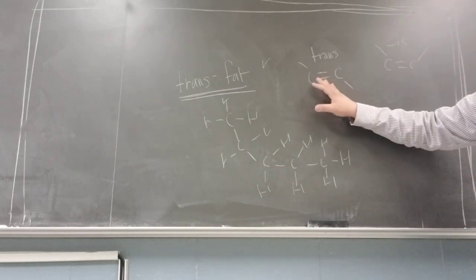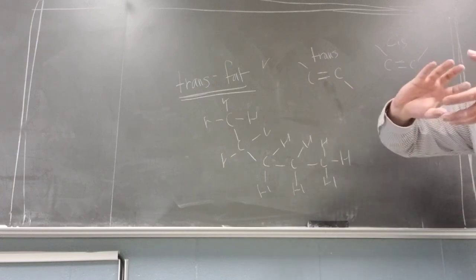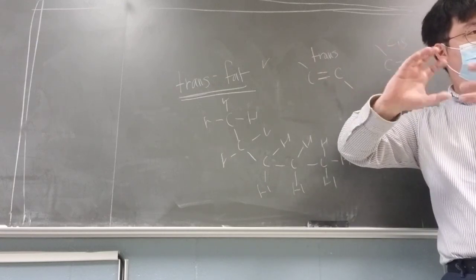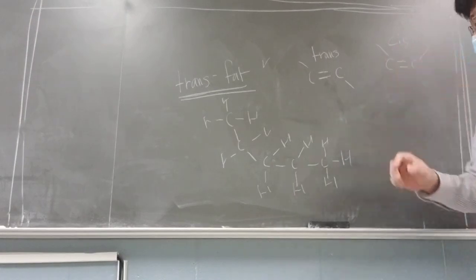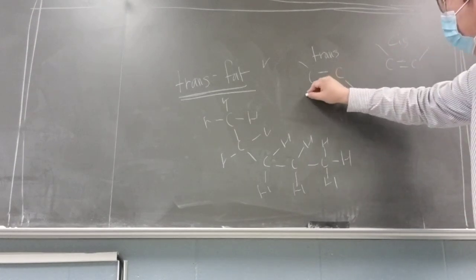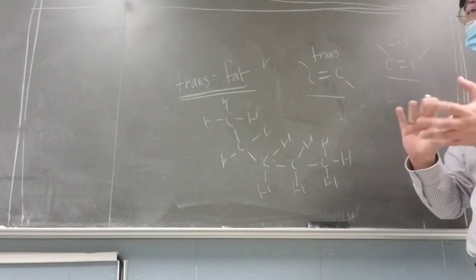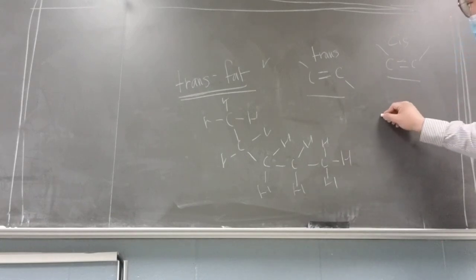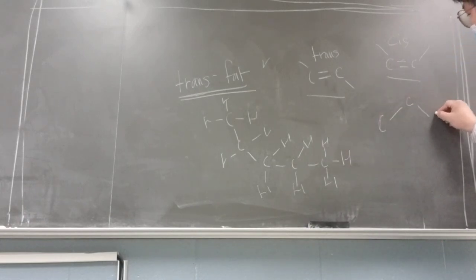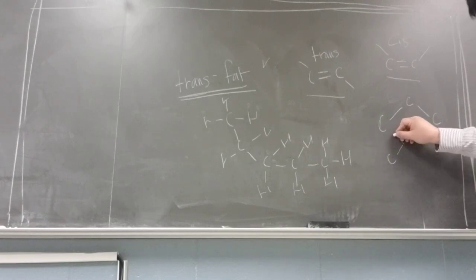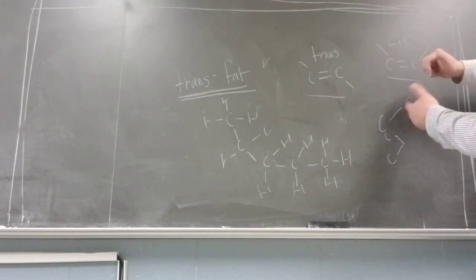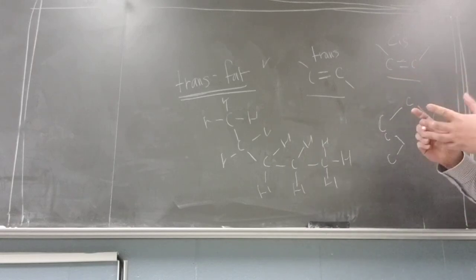In this case, you cannot rotate the double bond, so they don't have the freedom to rotate. So whenever they are either trans or cis, they cannot change the shape. For example, if you have a carbon that looks like this one, it can go this way too by just rotating it. But this one cannot.